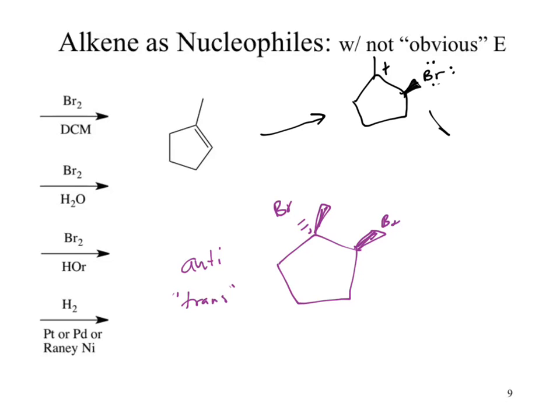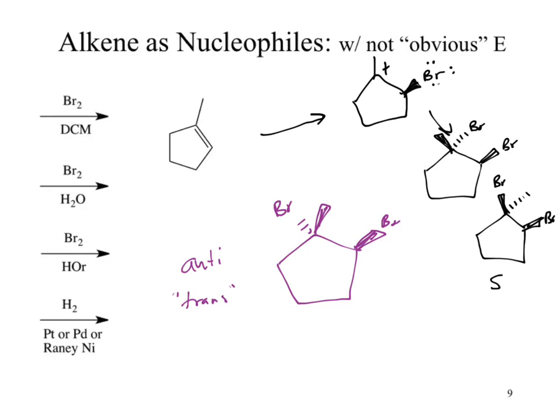If we now look at our product, what happens? You can have anti or syn. You end up with that new bromine potentially being anti or potentially being syn. Why both? Because it doesn't do backside attack. Why can it go to the top or the bottom?